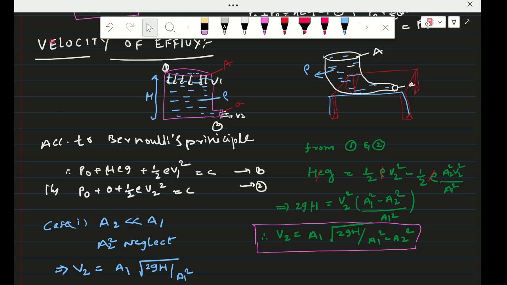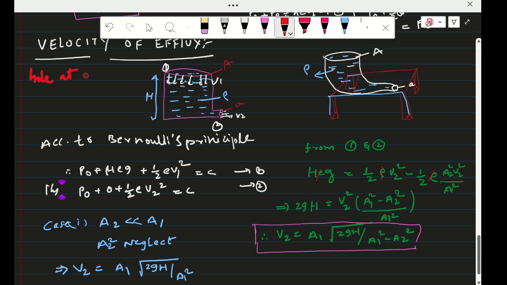The hole at the extreme bottom, the hole at the bottom, or on the wall. That is efflux. The velocity of efflux depends on the height. V equal to root 2gh will come. It depends on the height of the hole, at what height it is.